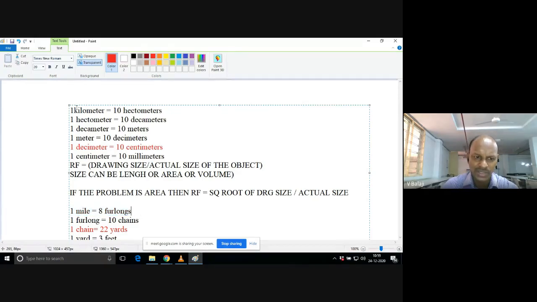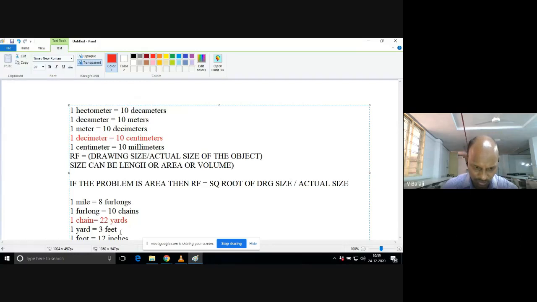For example, you are given kilometer and hectometer. 1 kilometer is how many hectometers? 10. So that's why it is very important. For example, in the next problem, you are given yard and the relation between yard and feet. 1 yard is equal to how many feet? 3.